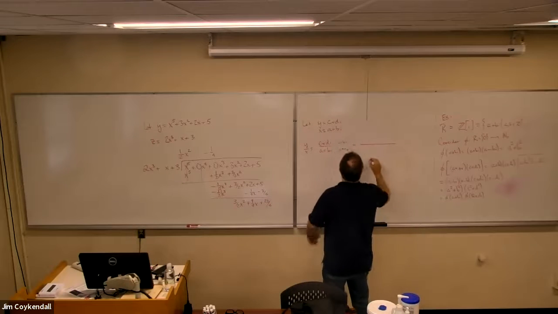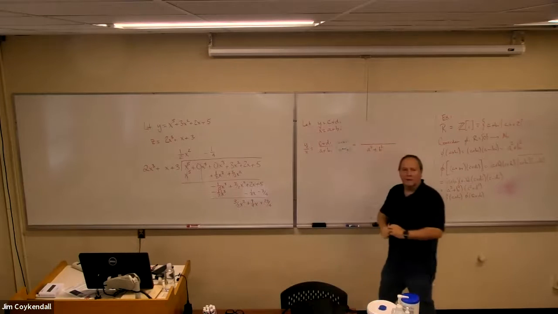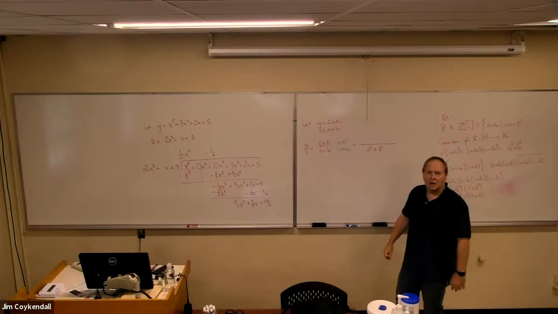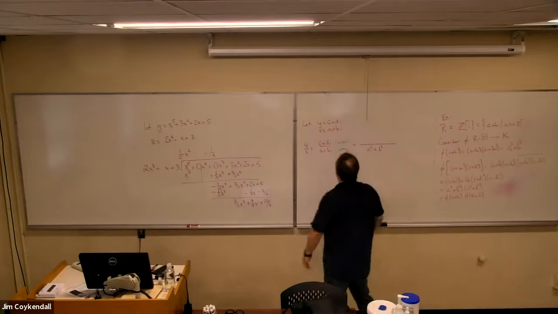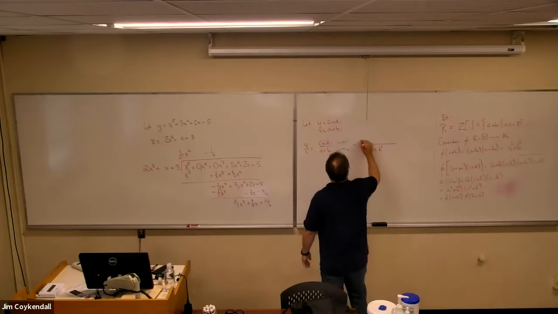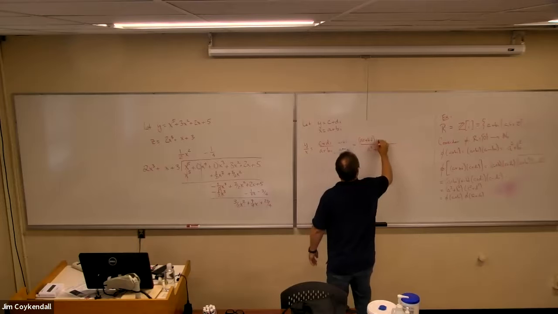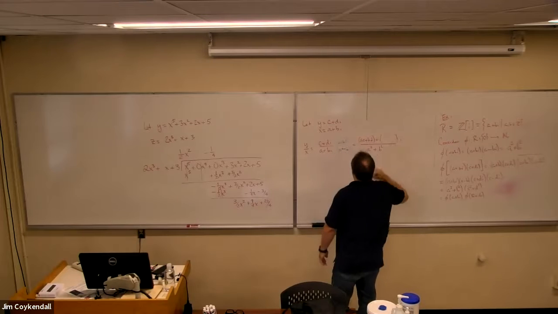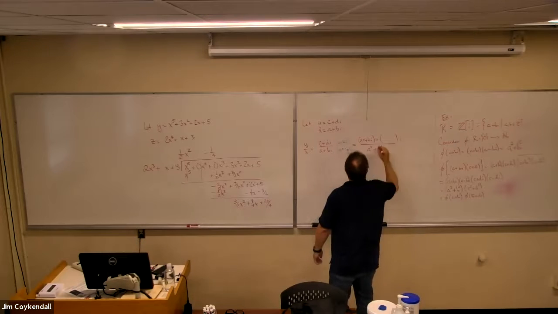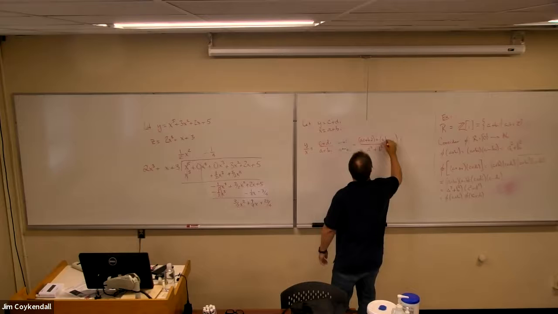Well, I'm not going to beat this dead horse, but I get a denominator that is an integer. And I get a numerator that is AC plus BD plus i times AD minus BC.